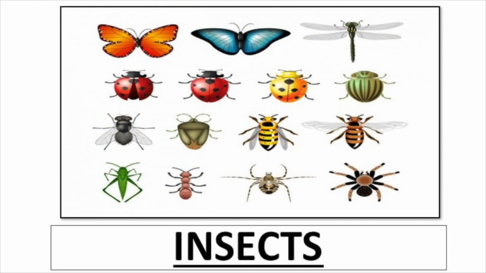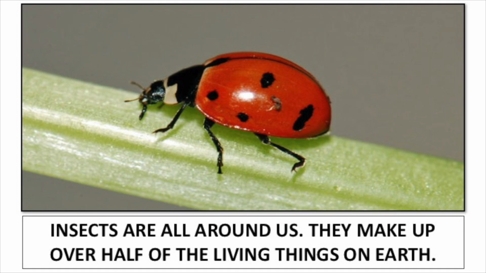And our final category of animals, insects. Yes, you can see all the small, creepy crawlies that we can call insects. Insects are all around us. They make up over half of the living things on Earth.